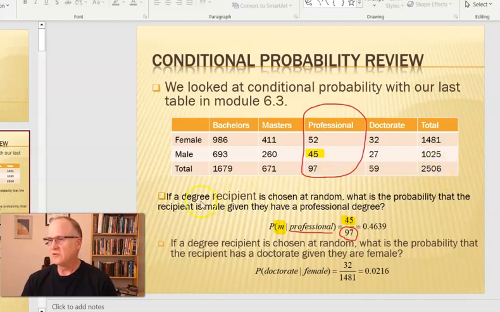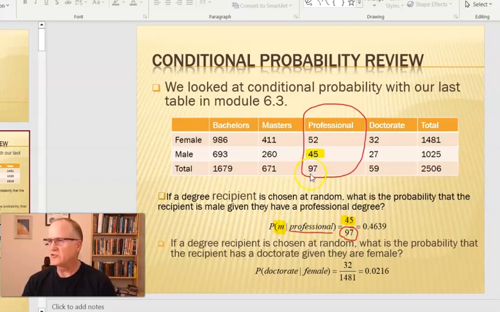All right, so the question statement here said, if a degree recipient is chosen at random, what is the probability that the recipient is male given that they have a professional degree? So what we did in class when we talked about this, we see the word given in professional degree. So we circled professional degree, and that was our family. That's the only group we were interested in. And this is how we wrote it in math symbology, probability of male given professional degree.